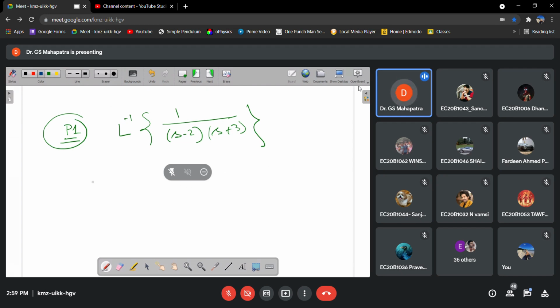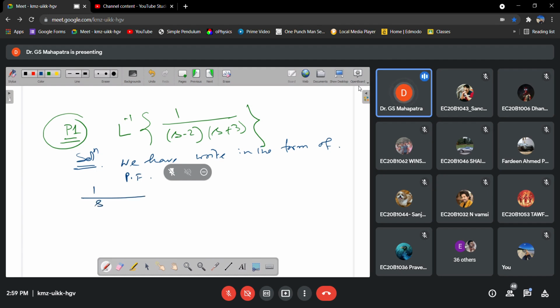So, the solution. First attempt is to write it in the form of partial fraction.